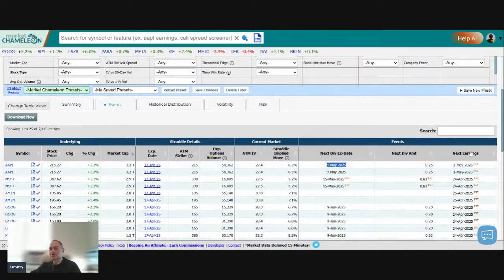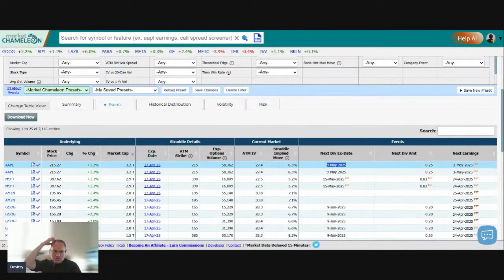But this and next earnings are events that are material to option pricing that you should know about. So a dividend is material to an option price because it's part of the option pricing model. Part of the option pricing model is the cost of carry and the dividends. So you should know if there's an expected dividend coming up.